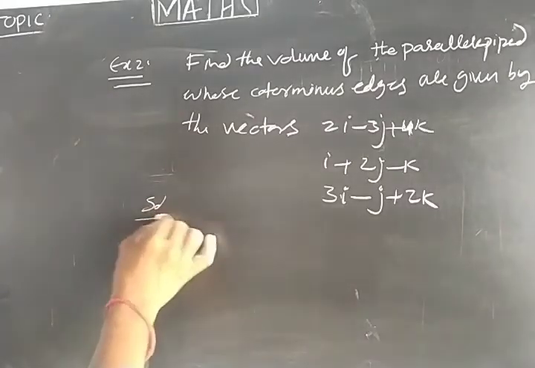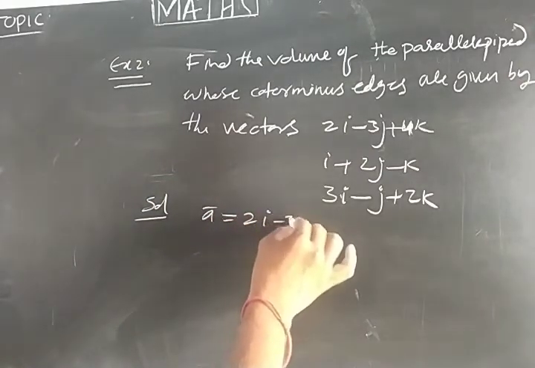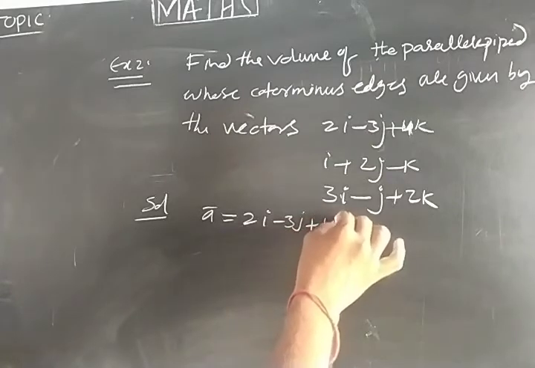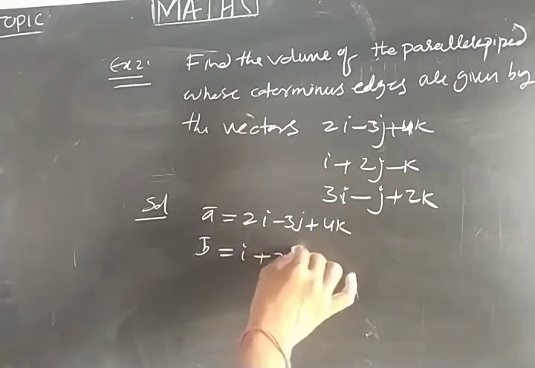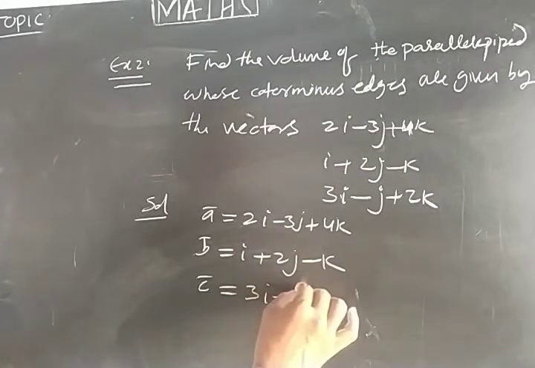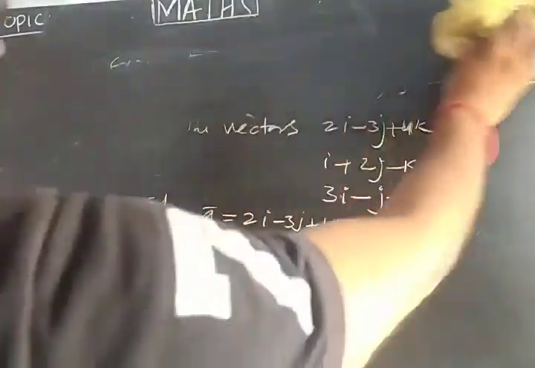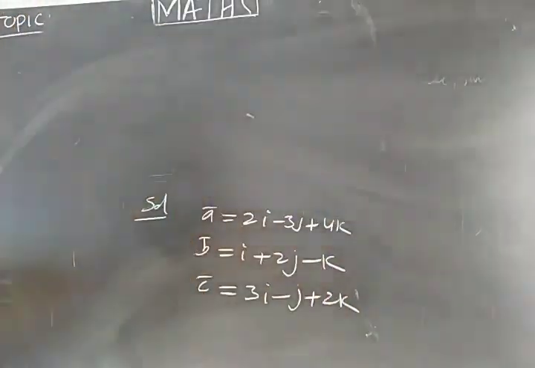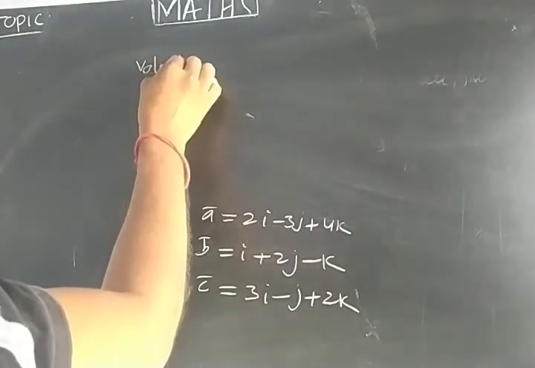So solution, I am taking the first vector as A bar, this is 2i minus 3j plus 4k. B bar, i plus 2j minus k. C bar, 3i minus j plus 2k. Right, given vectors which are coterminous edges of the parallelepiped. You know the formula for the volume of a parallelepiped.